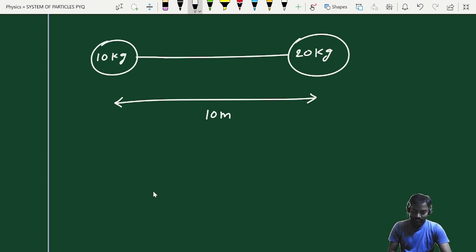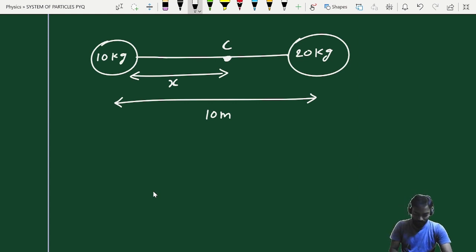So the center of mass is close to the greater mass, this particular 20 kg mass. Now let us consider the center of mass is located at a distance x from the 10 kg body. Now we have to calculate center of mass position from the 10 kg block.